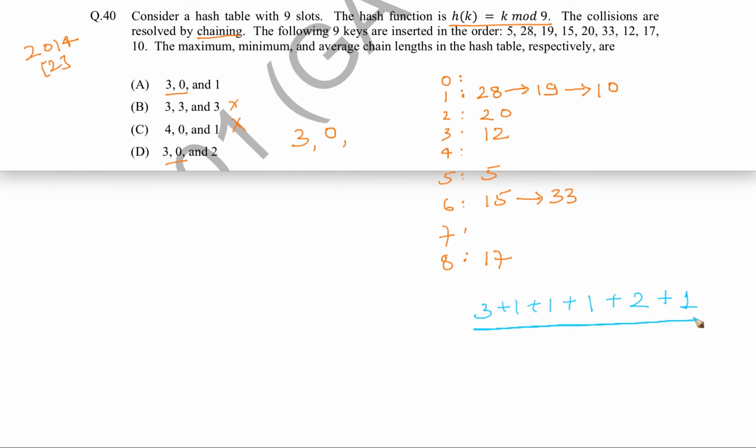Overall how many slots are there? There are 9 slots. So the average chain length is 9 divided by 9, which is 1. So the average chain length is 1. So 3, 0, 1. So A is the correct answer.